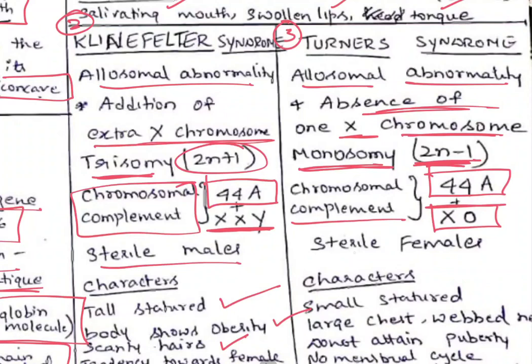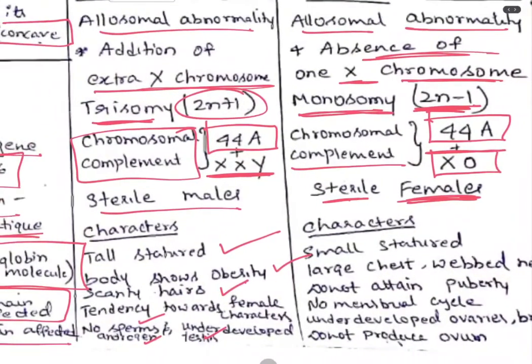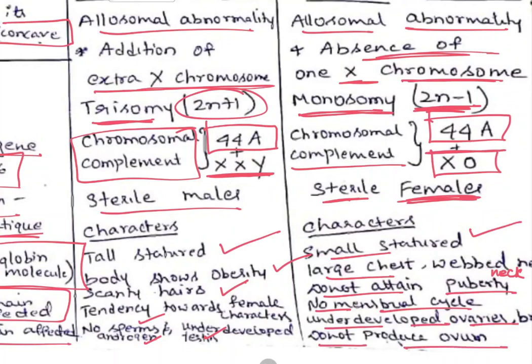Hence they are said to be sterile females. And the characteristics are small stature, large chest and webbed neck. They do not attain puberty, no menstrual cycle, underdeveloped ovaries and breast, and they do not produce ovum.